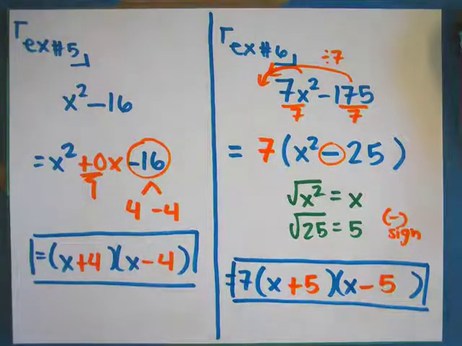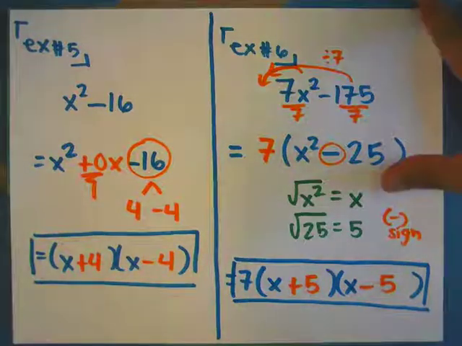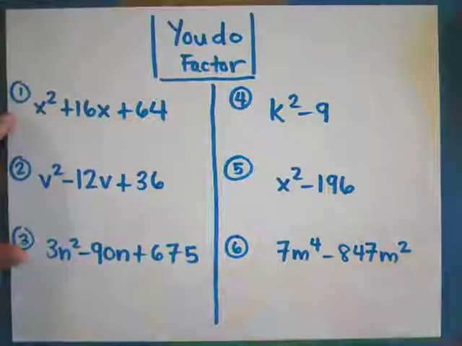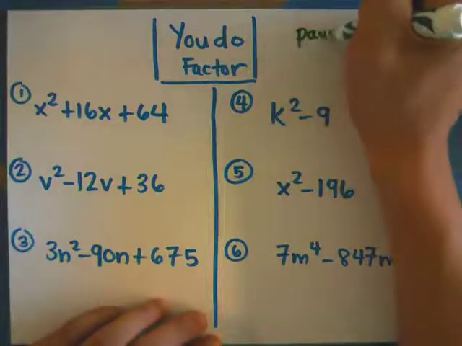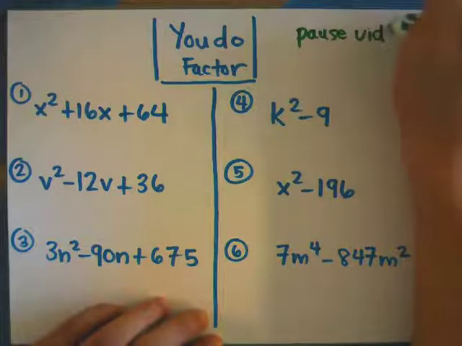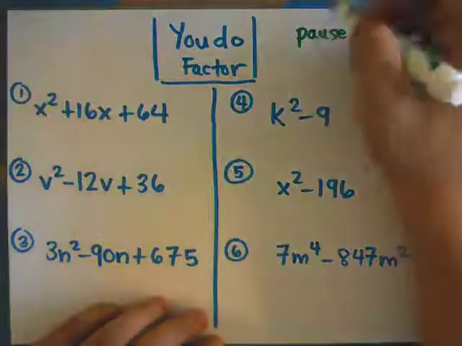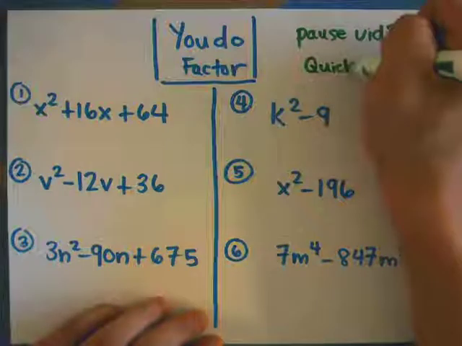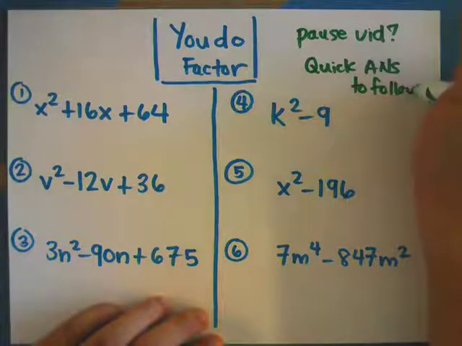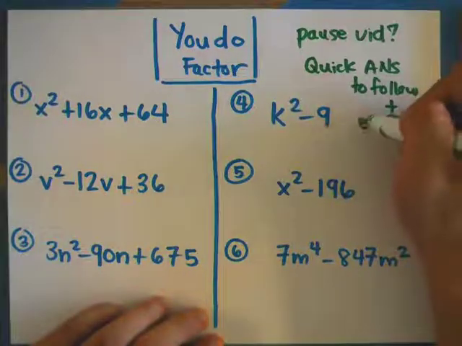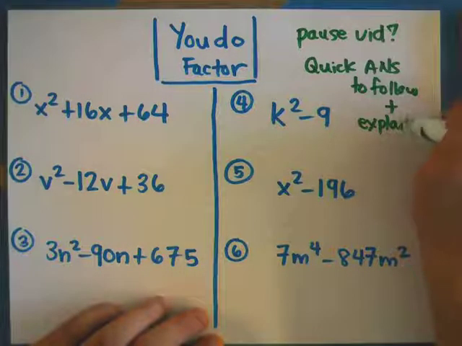Alright, let us now practice with a you do. So you do this on your own, pause the video, and then I'll give you the quick answers to follow, plus the explanations if you want.